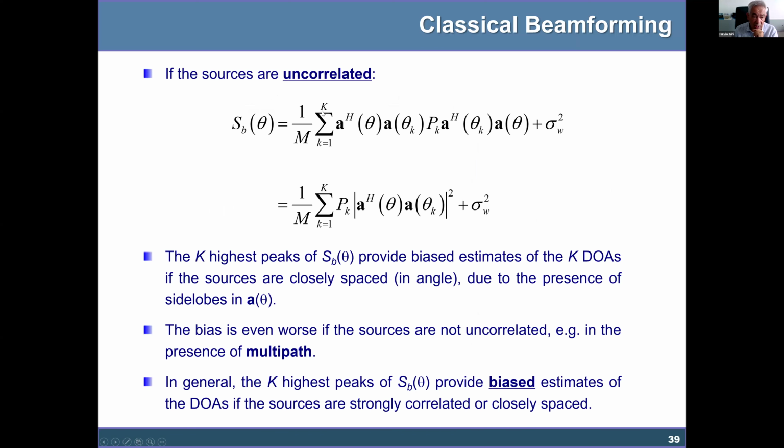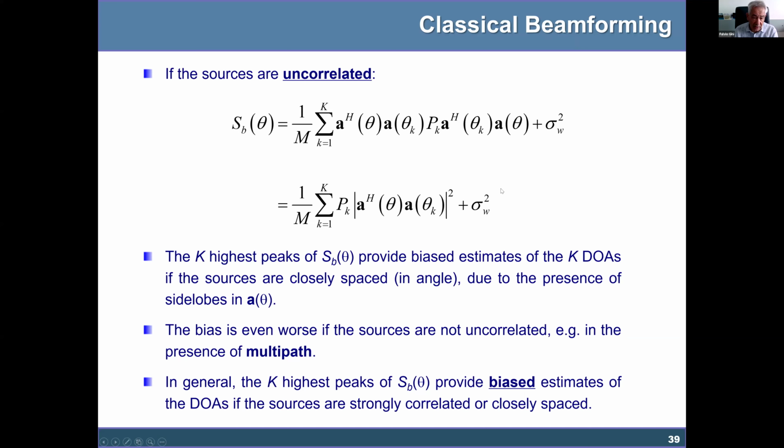So you have a summation for k that goes from 1 to capital K of this term, Pk, and then its Hermitian, plus the noise contribution. So this term that multiplies this term is the modulus square of the first, because this is the Hermitian of this, and because they are scalars, they are one the conjugate of the other.